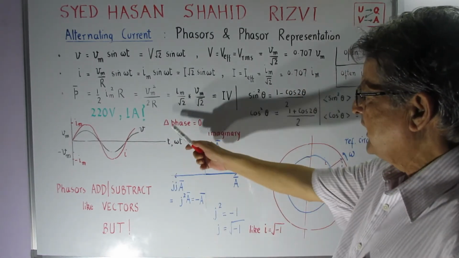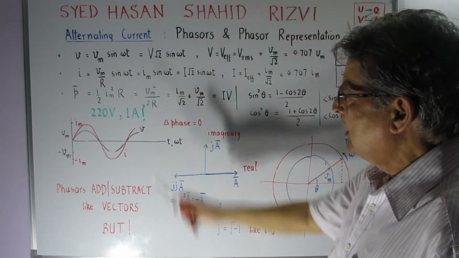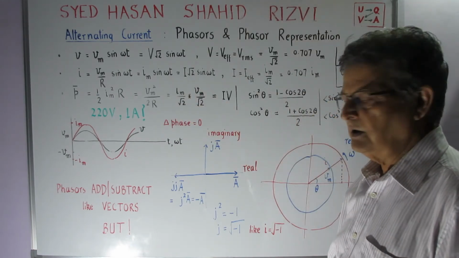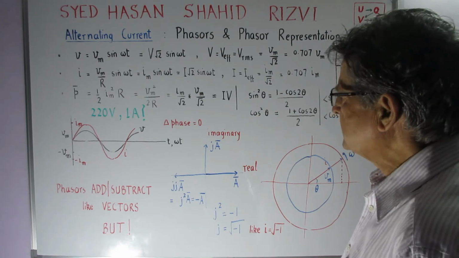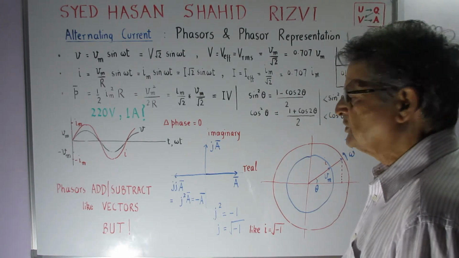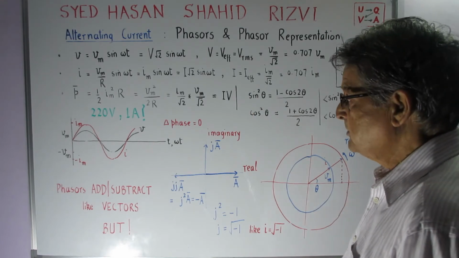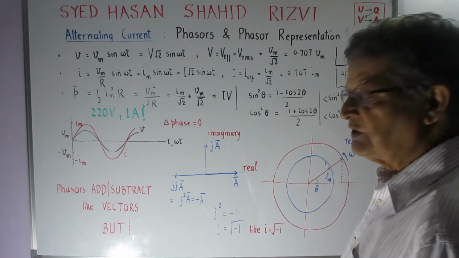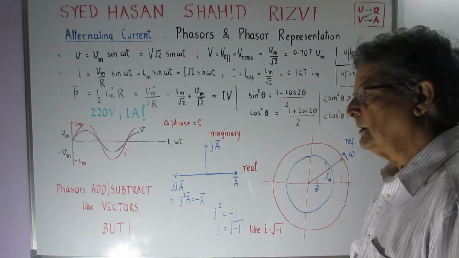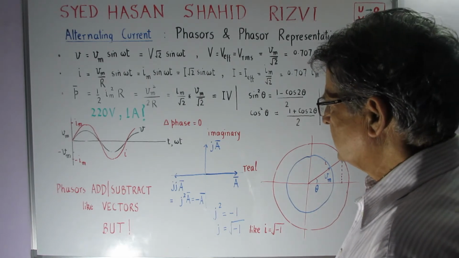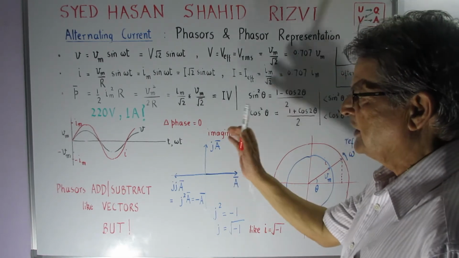So delta phase in this case of the application of the alternating AC to a pure resistor, and with the source having no impedance of its own, that is the impedance of the source, which is like the small r, and that is internal resistance, is taken as equal to 0.